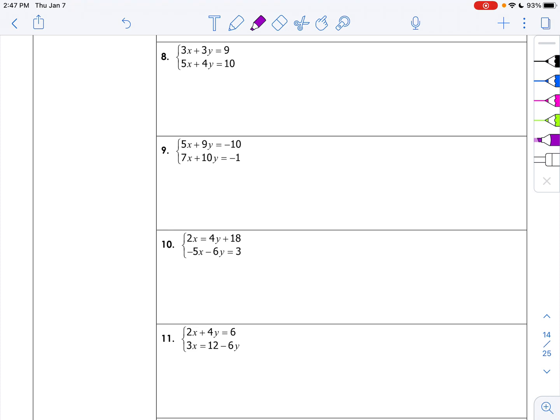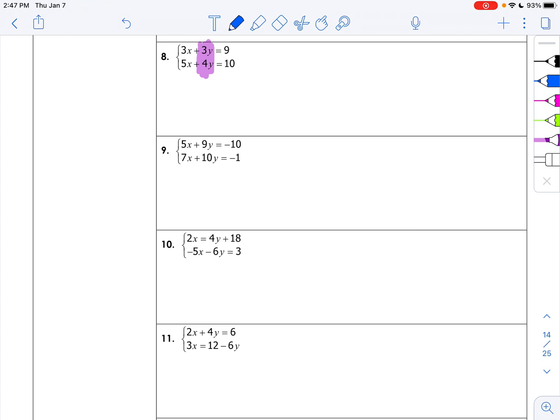And what I'm going to do is make my y terms opposites. You can choose to make your x terms opposites if you like. You'll still get the same answer. In order to make my y terms opposite, when I think about the numbers 3 and 4, I could manipulate my equations to make them both 12.